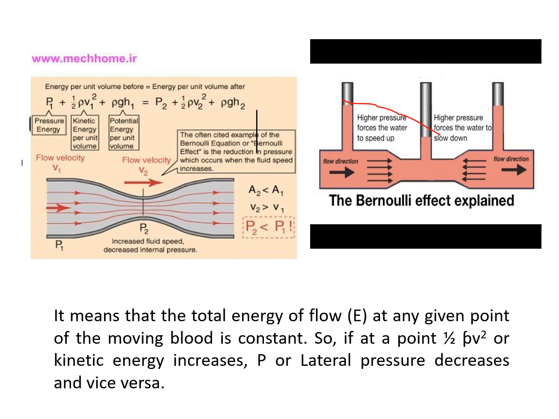In order to keep the total energy constant, the lateral pressure on the wall must be reduced. And the same thing we can see here. Here you can see that the lateral pressure is reduced in the area where the tube has become narrow.